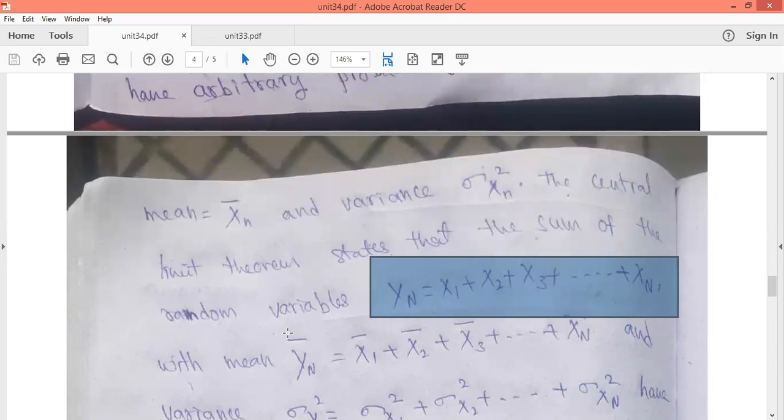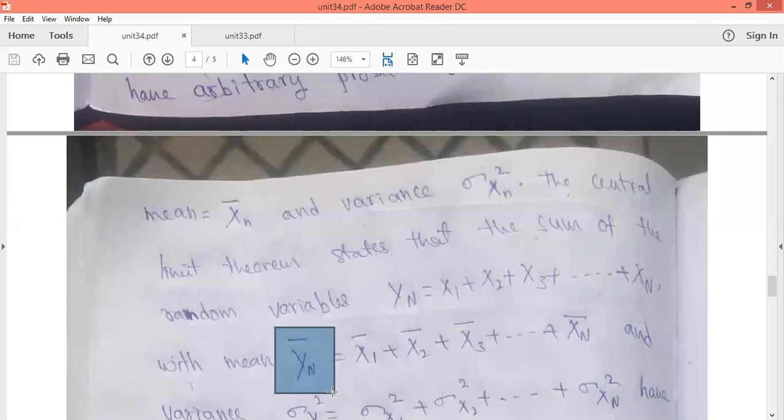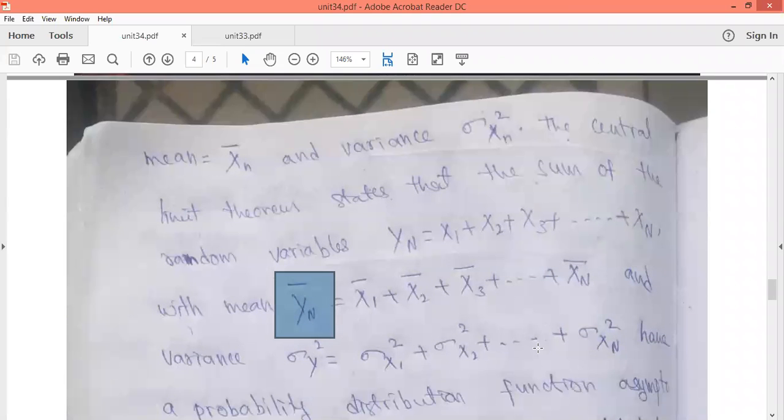Then the mean value: what is the mean value of the sum of n random variables? It is the sum of the means of the individual random variables, that is X1 bar plus X2 bar plus X3 bar and so on up to Xn bar. And what is the variance of Y here? The variance of Y is given as sigma Y squared, which will be sigma X1 squared plus sigma X2 squared plus so on sigma Xn squared.